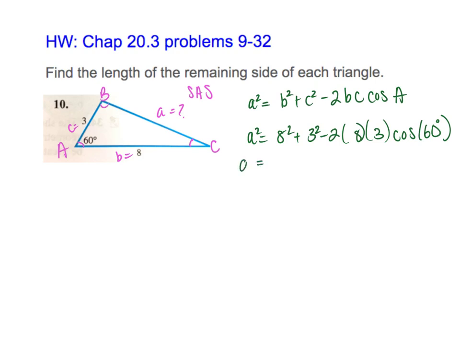So I'm going to bring the a squared down, and then I have to work this part out. So we're going to figure out what 8 squared plus 3 squared minus 2 times 8 times 3 times cosine of 60 is, and see what you get.